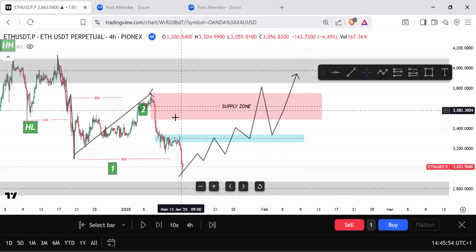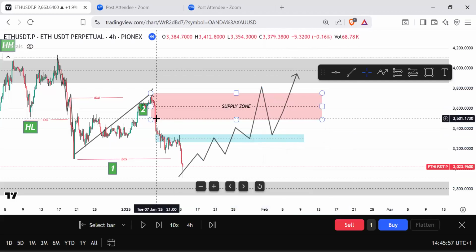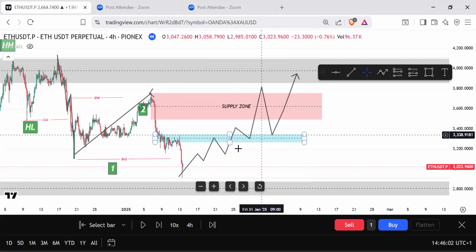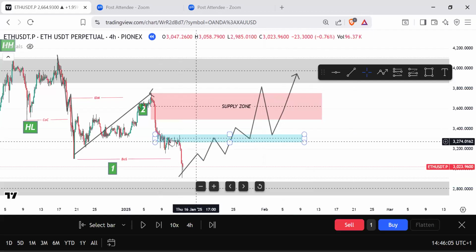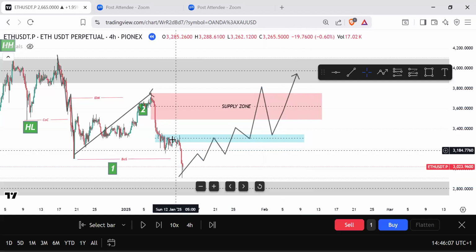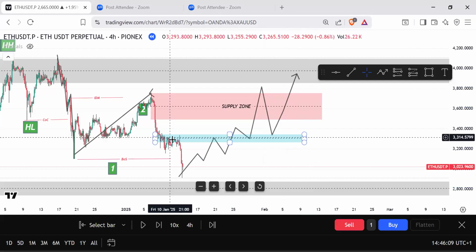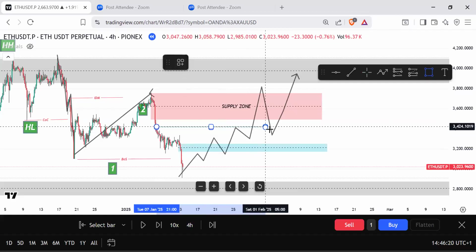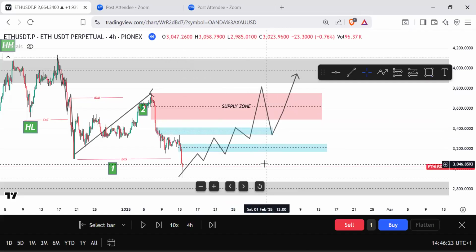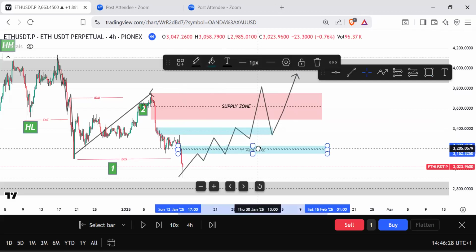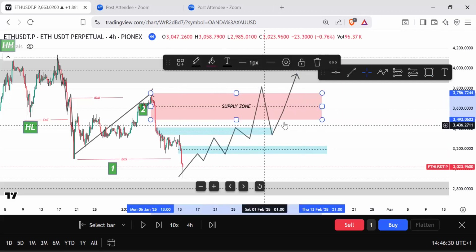So that's why we always recommend the extreme. Though you can experiment with the other fair value gaps, especially the first one and the extreme, because you might have 3. The first one and the extreme are the valid ones.